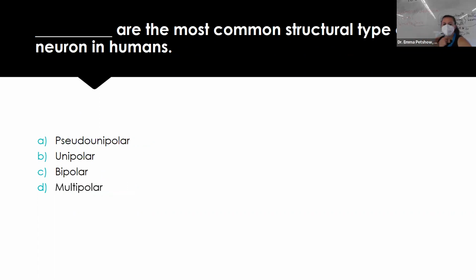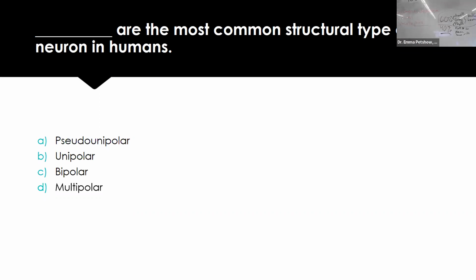What are the most common structural type of neurons in humans? Okay, this is tricky. Oh no, this is not tricky. What are the most common structural type of neurons in humans that are listed on this sheet? Yep, good. Multipolar, most common type of structural neuron in humans. Bipolar, unipolar, pseudo-unipolar is unipolar.